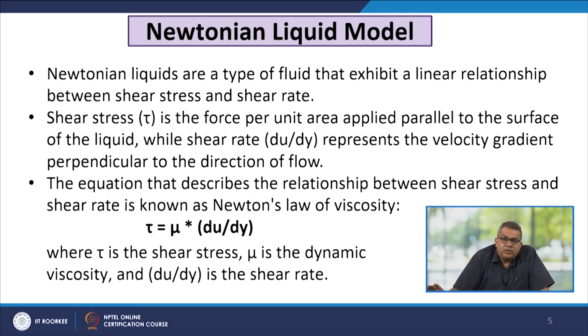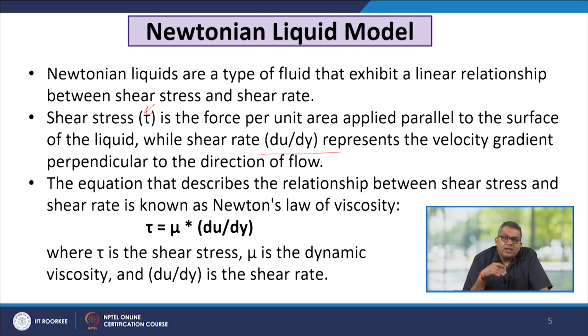These Newtonian liquids are a type of fluid that exhibits a linear relationship between the shear stress and shear rate. Now, shear stress, sometimes referred to as tau, is the force per unit area applied parallel to the surface of the liquid, while shear rate, sometimes referred to as du over dy, represents the velocity gradient perpendicular to the direction of flow.